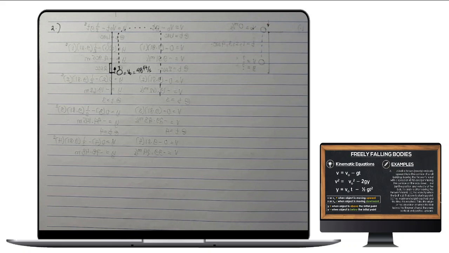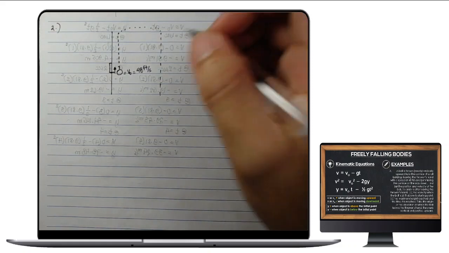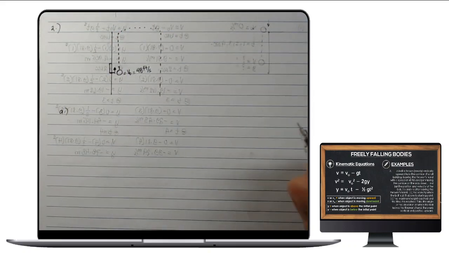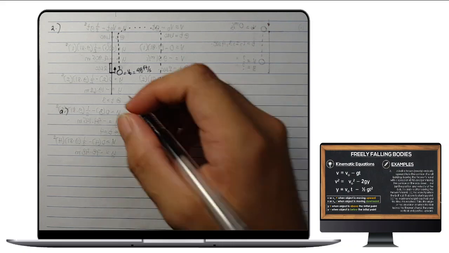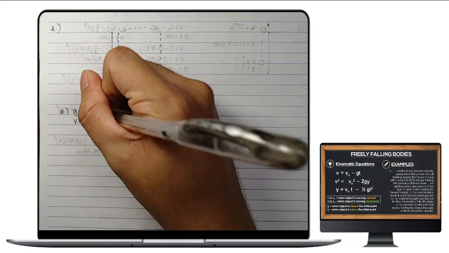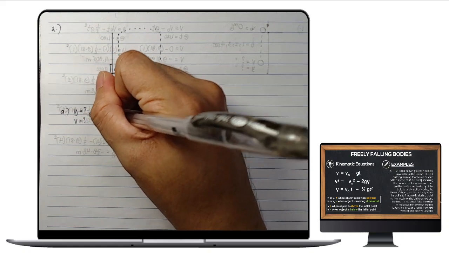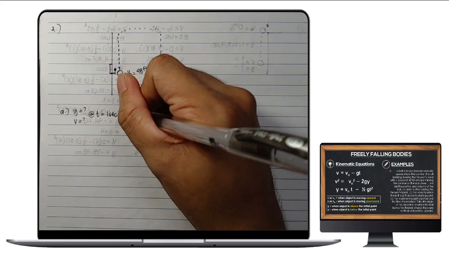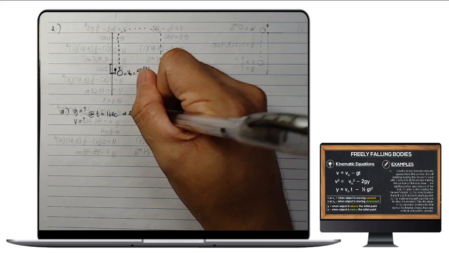So, first question, find the position and the velocity of the ball 1 second and 4 seconds after leaving the thrower's hand. So for letter A, we are asked to find the position and the velocity at t equal to 1 second and 4 seconds.